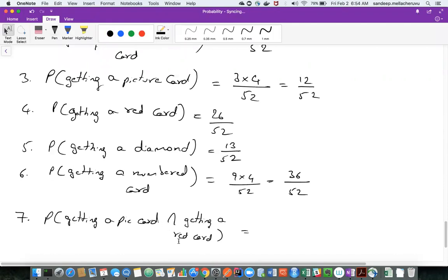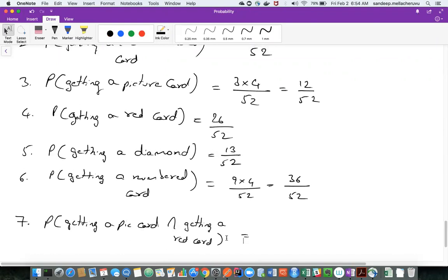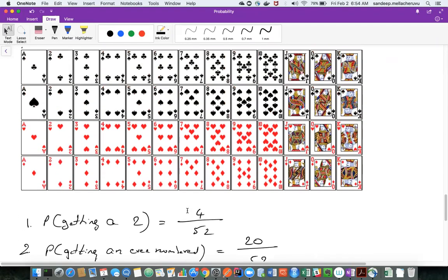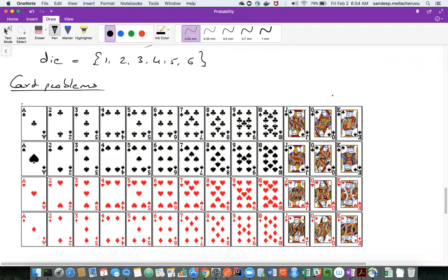It's as simple as finding the common elements. So let's see what is a picture card as well as a red card. If you see the picture cards, this entire section has all the picture cards which have some picture.